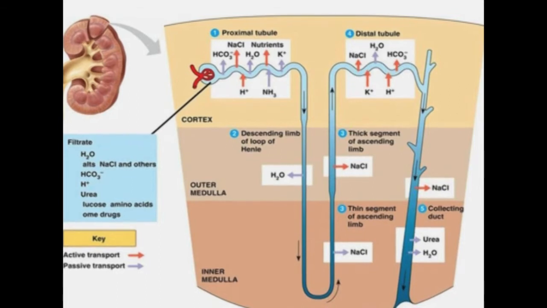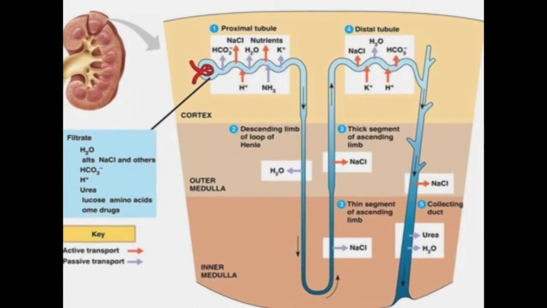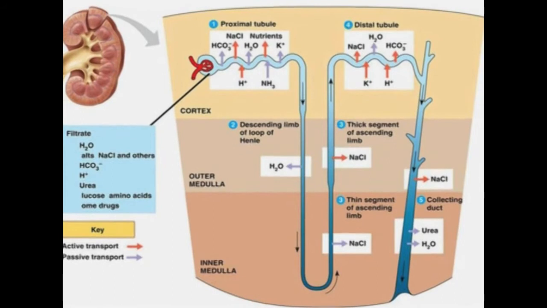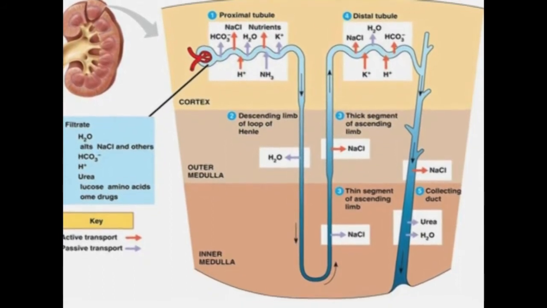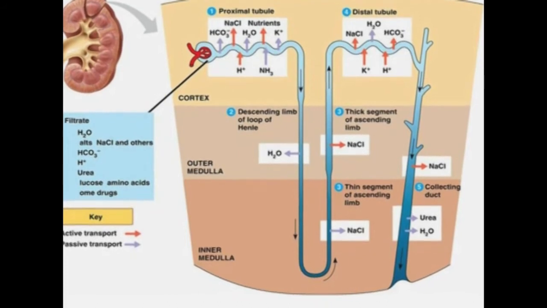The thick segment again reabsorbs the sodium chloride which is present in the outer medulla of the kidney. In the distal tubule, sodium chloride, water, bicarbonate are reabsorbed in exchange for potassium and hydrogen. As I had mentioned earlier, this is very important to maintain the balance of electrolytes.